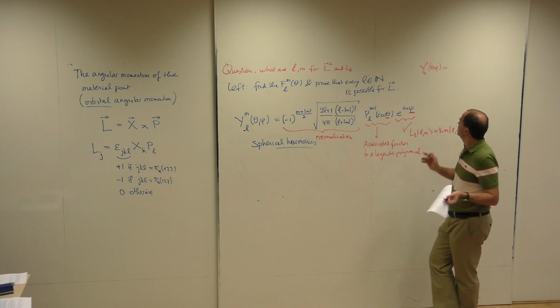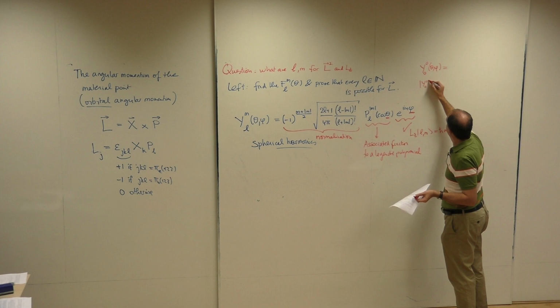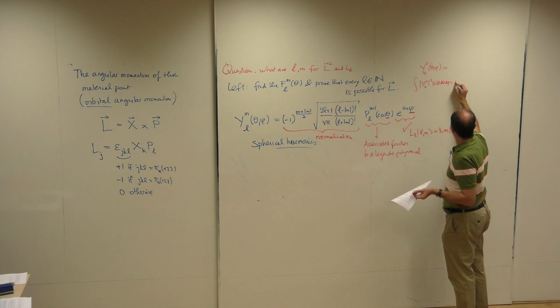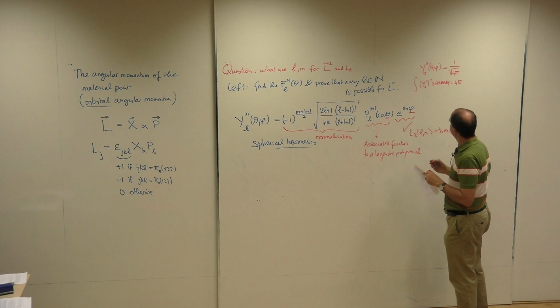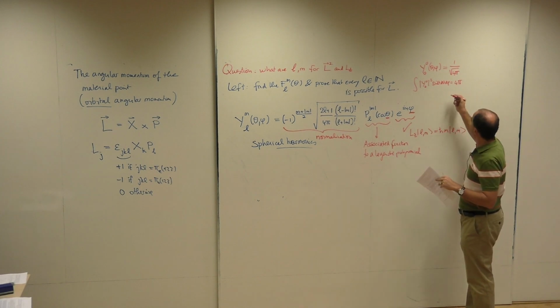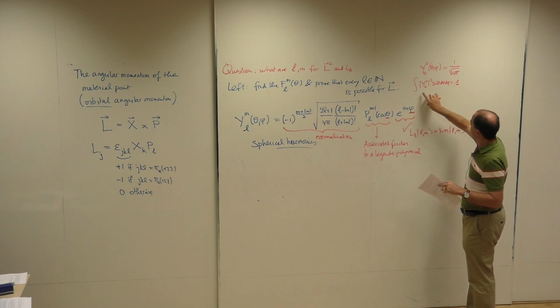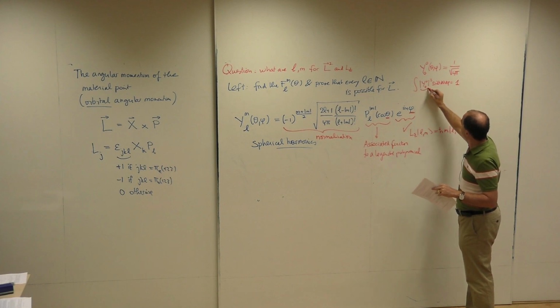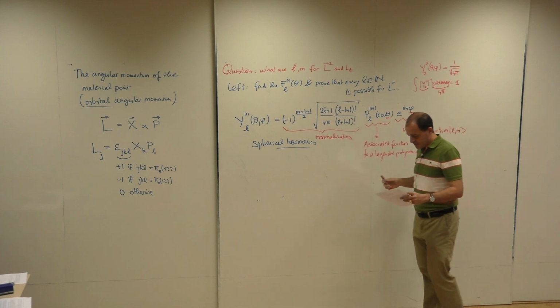Its square must be such that, integrated over the sphere, it gives 1. Sorry for the mistake. This being a constant, it can go out of the integral, and the integral of the sphere is 4 pi. That's why I got 1 over square root of 4 pi.